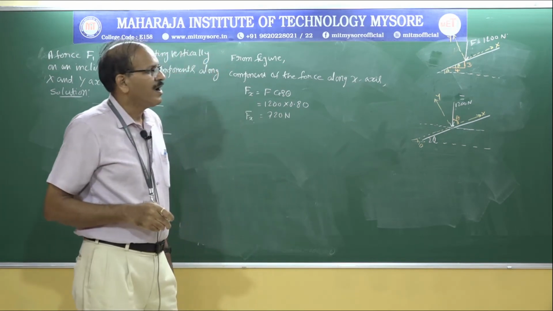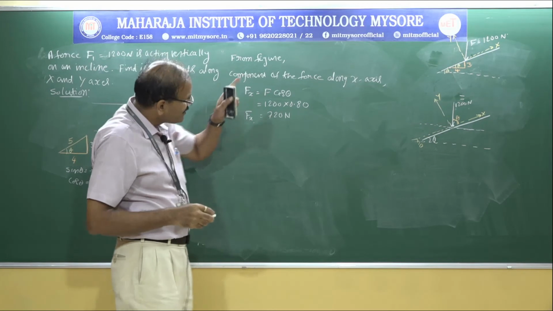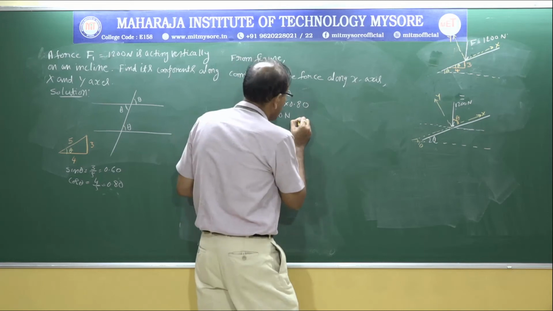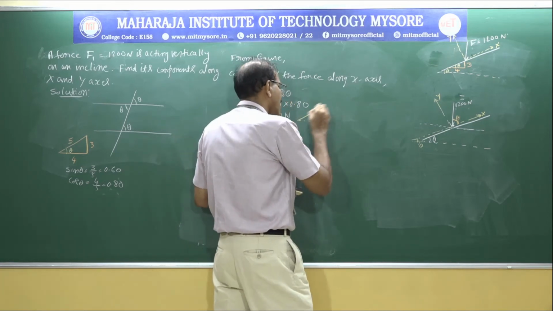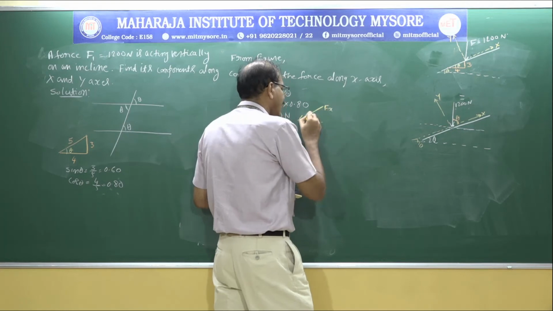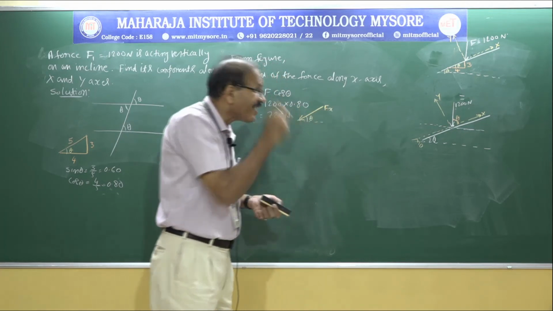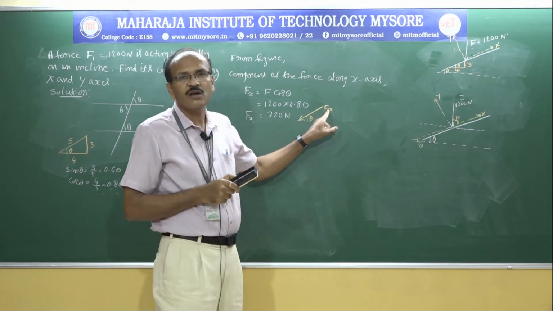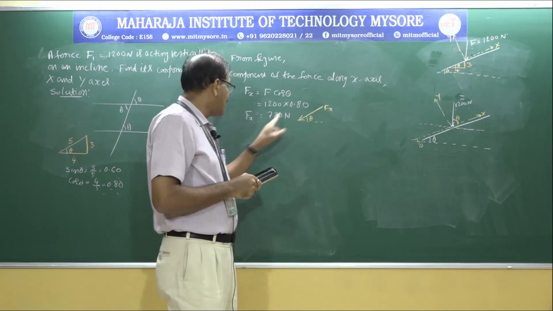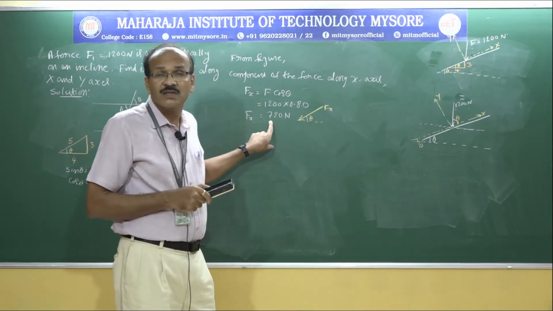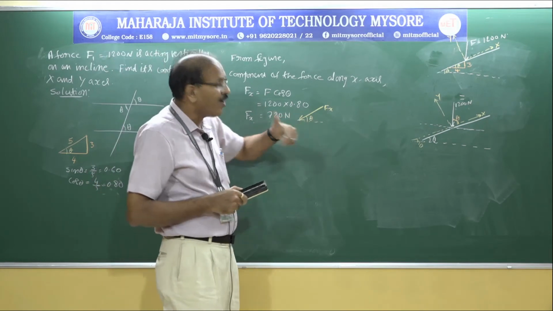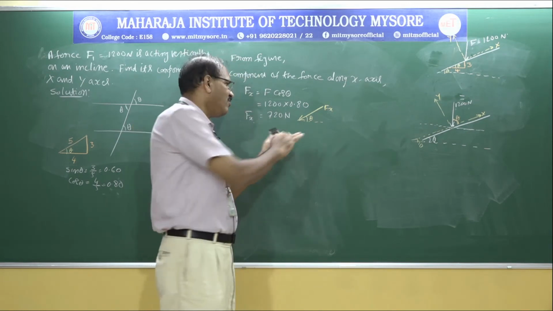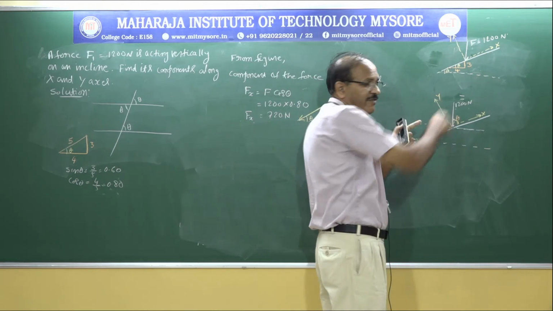Okay. And what is the inclination of the component? That component force is making an angle of theta with respect to the horizontal here. Be careful. I resolved the force along the x-axis. The magnitude of that force is 720 Newton. And we need to know at what angle that is inclined with a certain reference line. Here I am making the horizontal line the reference.